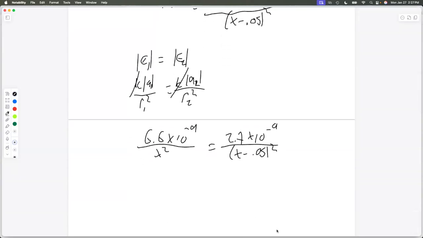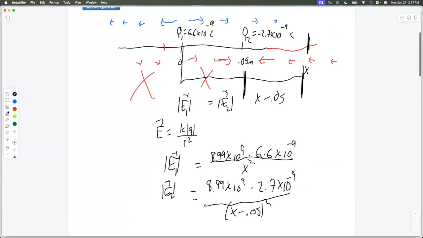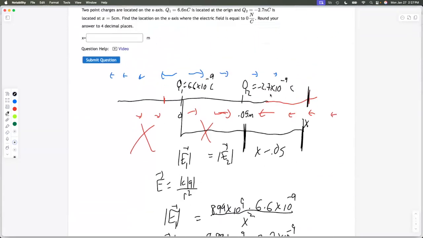Now, this is why I'm saying signs matter. Who's bigger here? If you were 100% sure that this quantity right here is a positive number, if you're sure x is bigger than 0.05, if you're sure you're in this region over here, we can use a trick.